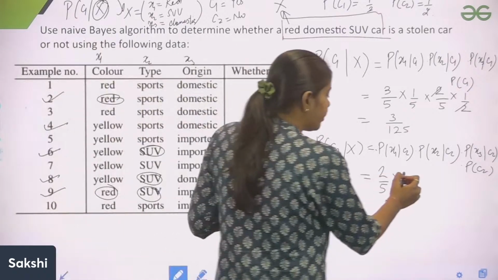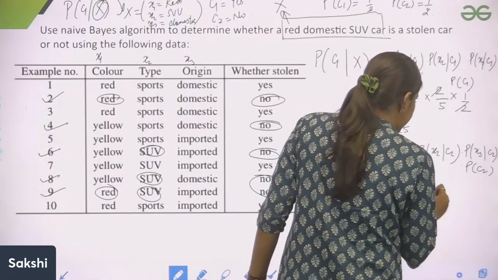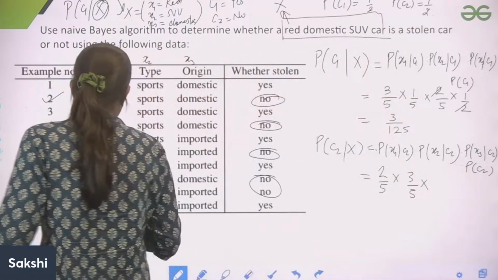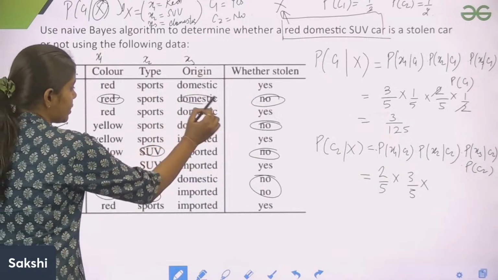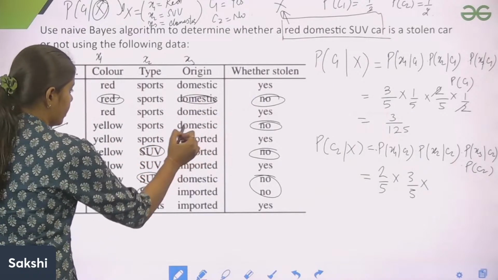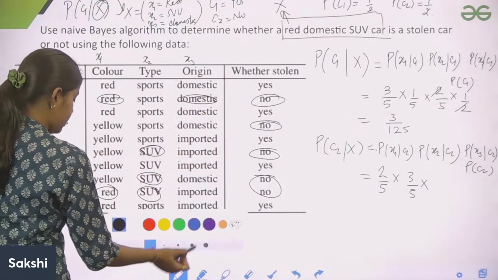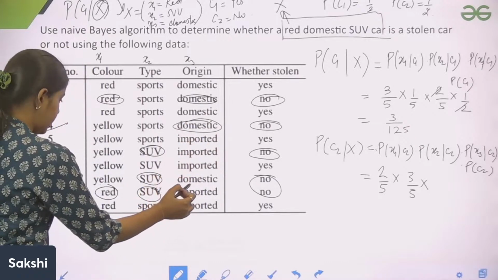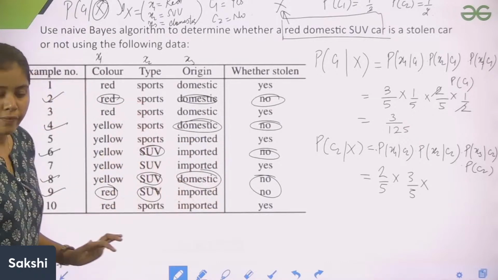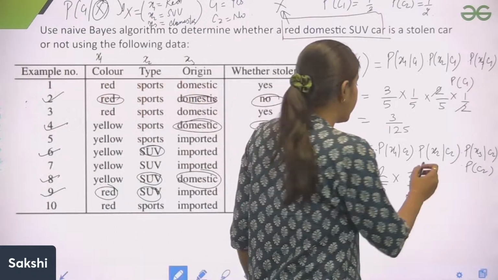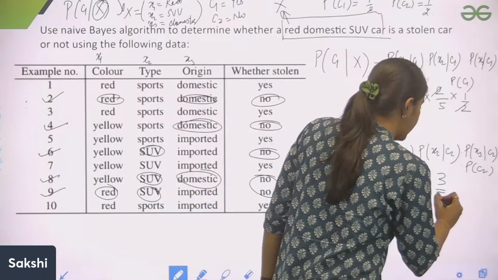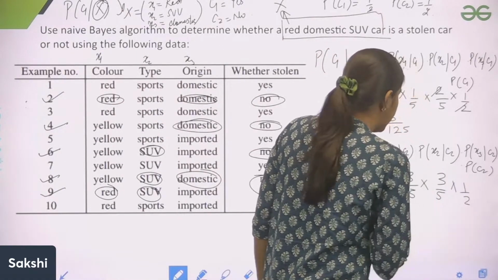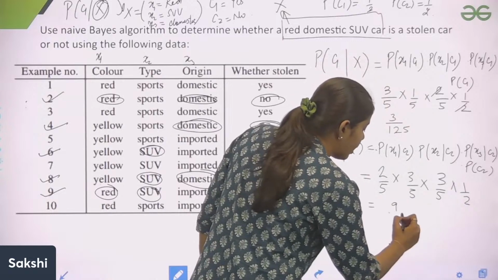So probability would become 3 by 5. Now x3 is domestic, so I'll check for domestic. This is domestic, this is domestic, this is imported, this is domestic. So out of 5 examples I have 3 domestic, so it would become 3 by 5, and probability of c2 is 1 by 2. Now if you solve it, it would become 9 by 125.